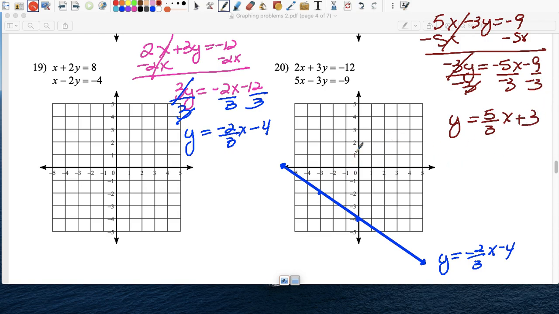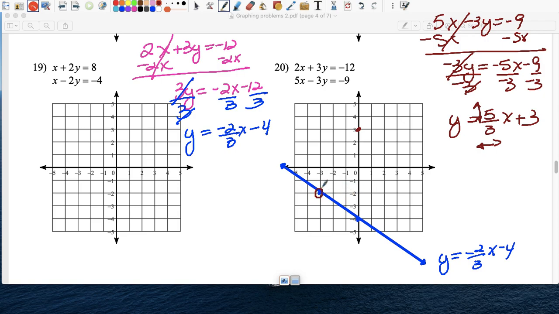Let's graph that. Y-intercept is 3 right here. It's a positive slope, so it's going to go up from left to right. So it's 5 up and down, and 3. So put the arrows up and down, count 5, left and right, count 3. Change in y over change in x. So let me count down because I don't have room upstairs. So 1, 2, 3, 4, 5 down, and then I have to go 3 to the left. 1, 2, 3.